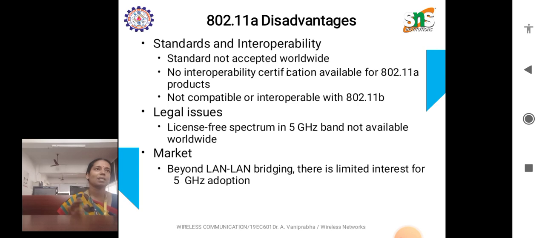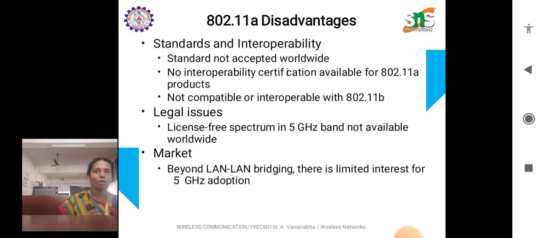The standard is not accepted worldwide and there is no interoperability certification available for 802.11a products, and also it is not compatible or interoperable with 802.11b. Even though the standard is common, 802.11, the versions are different. The versions are not interoperable.